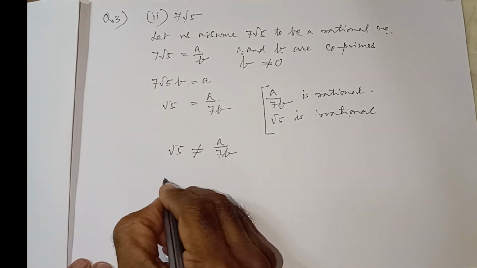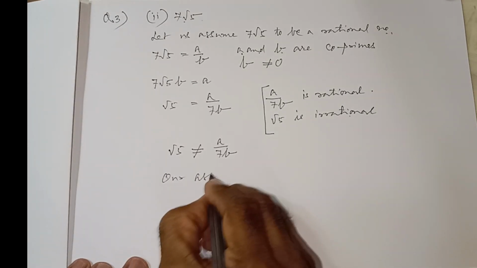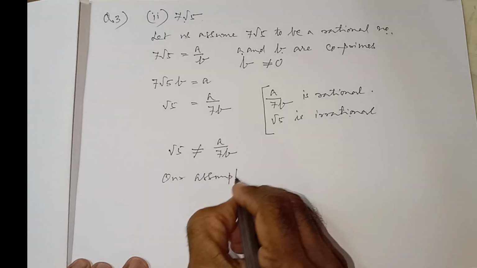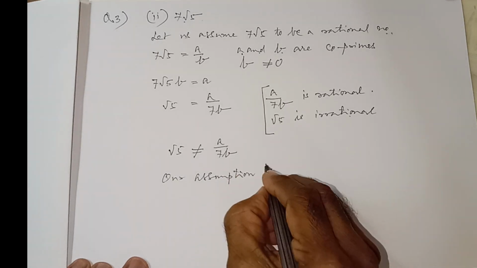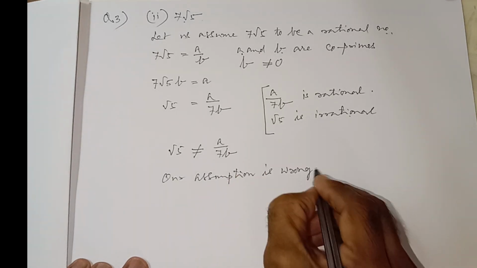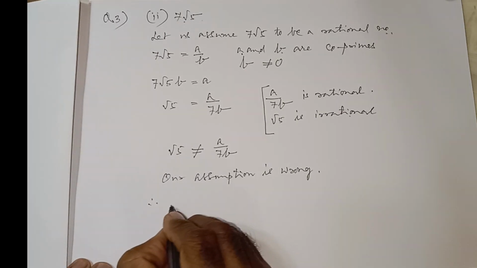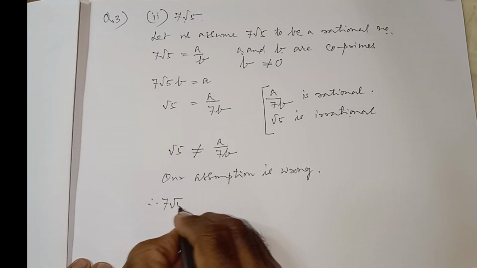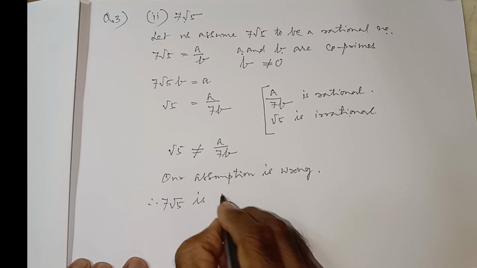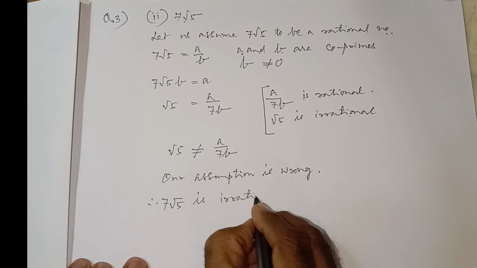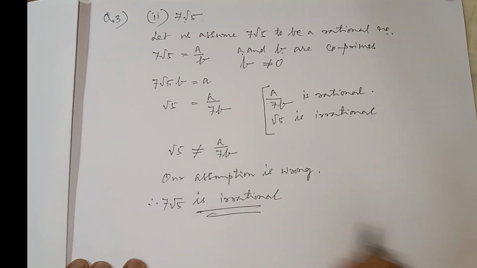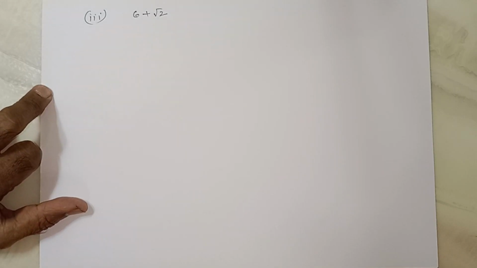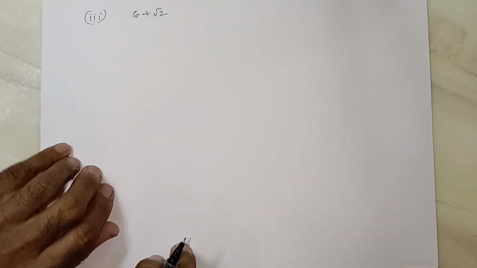We write down that our assumption is wrong. Therefore, we can say 7 root 5 is irrational. This is our answer. Well, we go to the third question, 6 plus root 2.